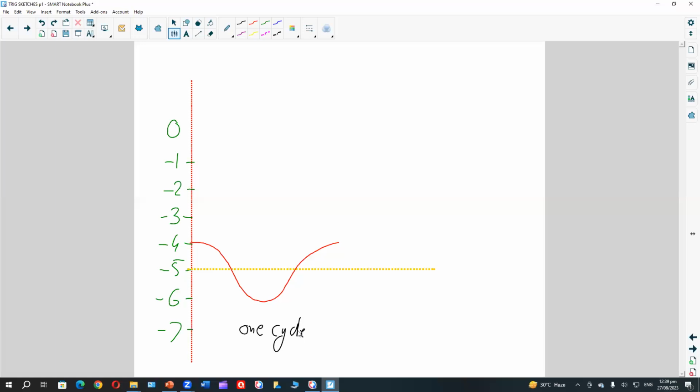Sir, cos x graph, right? Not sin x. This is the cos graph, sorry.